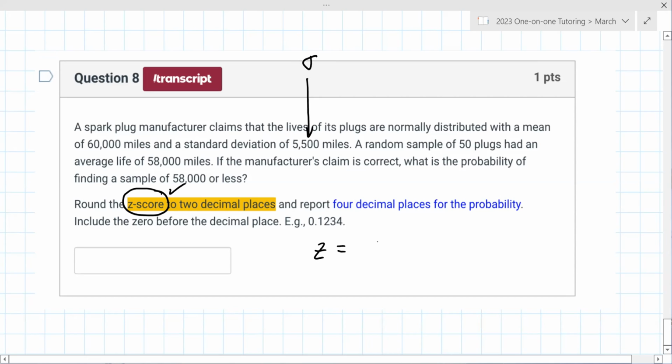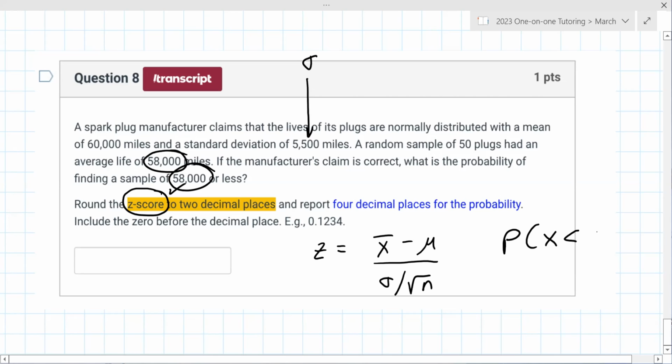So your Z here is X bar minus mu over sigma divided by the square root of N. The X bar is from the claim, because you're trying to find the probability that X bar is less than 58,000.